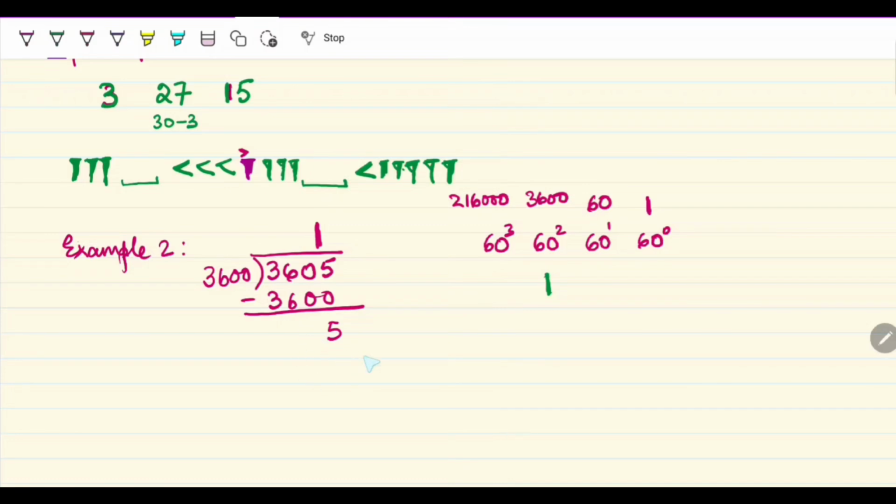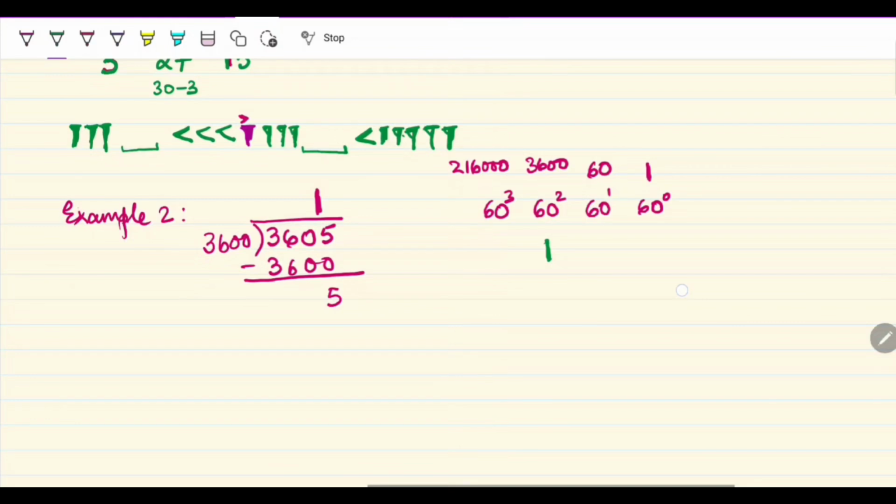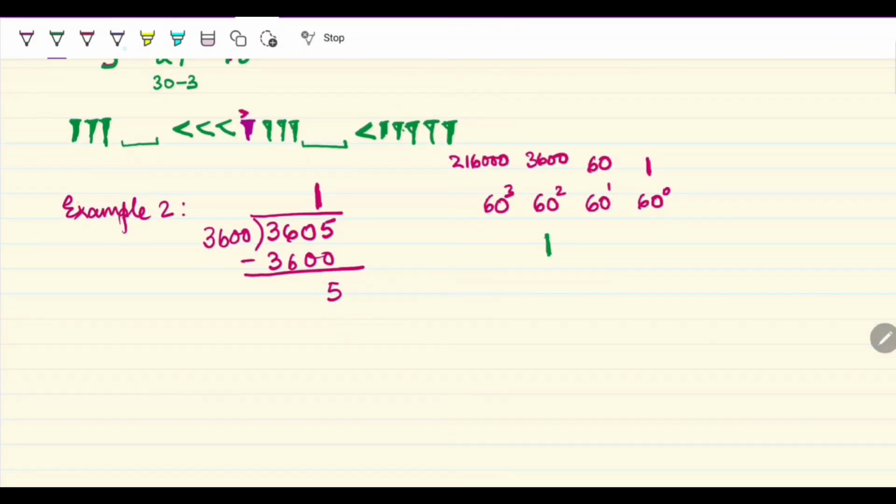We have to continue with the division process. Our remainder is a 5. So this time we are going to take the remainder, which is a 5, and divide it. We should be dividing it by the next lower place value, which is 60. However, 60 is greater than 5, right? We cannot have the divisor greater than what we are dividing, or the dividend.